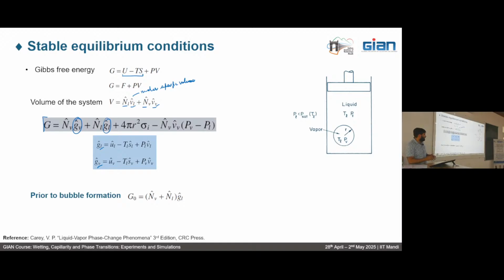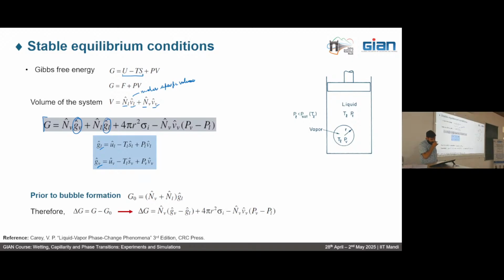Now let's talk about the phase when the bubble was not formed, because we want to see how much the change in the Gibbs free energy is. When the bubble was not formed, it was totally liquid, so we can write the Gibbs free energy as the molar specific Gibbs free energy of liquid times the number of moles in the entire system, which includes both vapor and liquid. We can write G naught is equal to (NV plus NL) into GL.